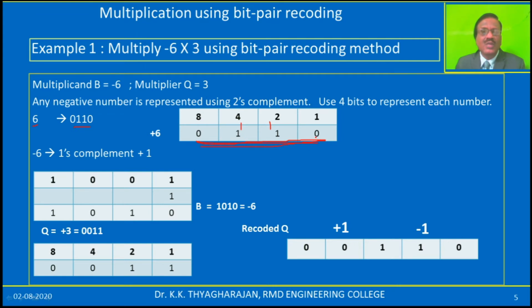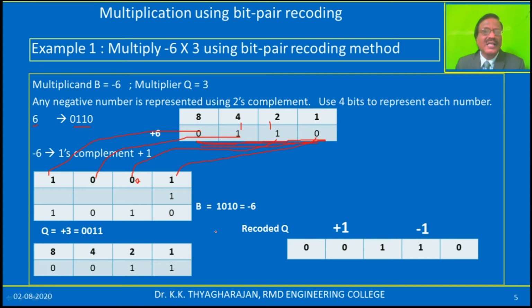If you take the 1's complement, this 0 will become 1, this 1 will become 0, this 1 will become 0, and this 0 will become 1. Now you add 1 to this. 1 plus 1, 2. 2 means 0 and there will be a carry, and that carry will be added with this 1, so you will get 1 here. Here 0 will appear as it is, 1 will appear as it is.